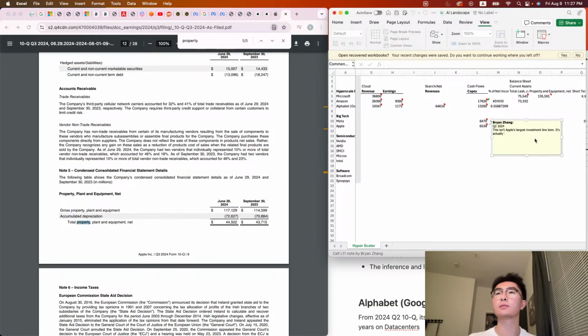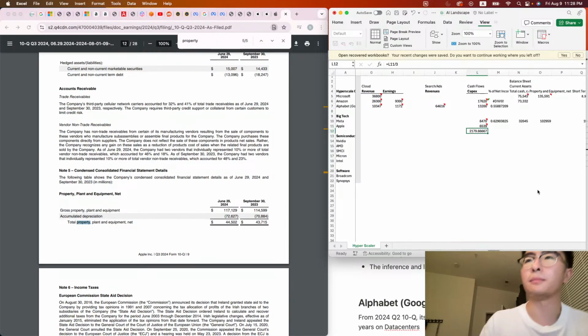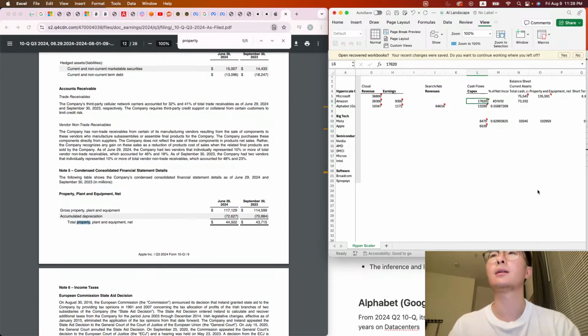Okay, so marketable. Yeah, if it's just 9 months, I mean, if you divide this by 3, then it's only 2,000 compared to Meta, Microsoft's. I mean, this is nothing. It really is nothing.